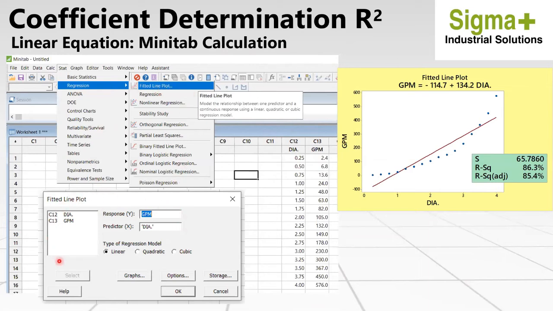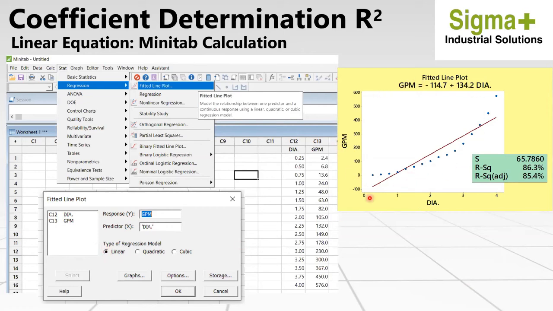It will open that window, and I will plot on the Y window the dependent variable or the response, the gallons per minute, the flow rate of the water, while the independent variable, the predictor, will be the diameters. And I select the linear because here we are speaking about the linear equation.